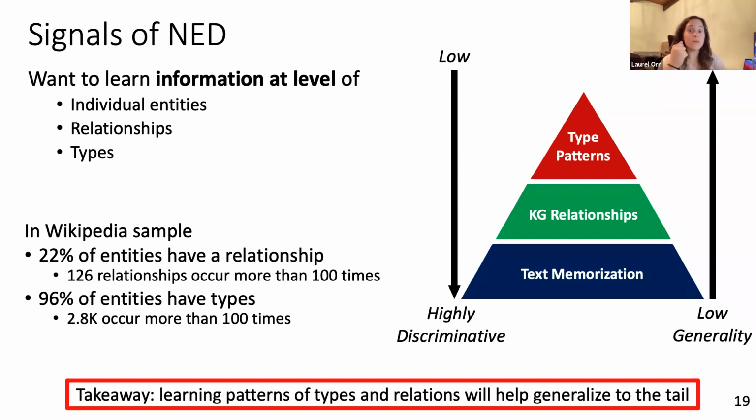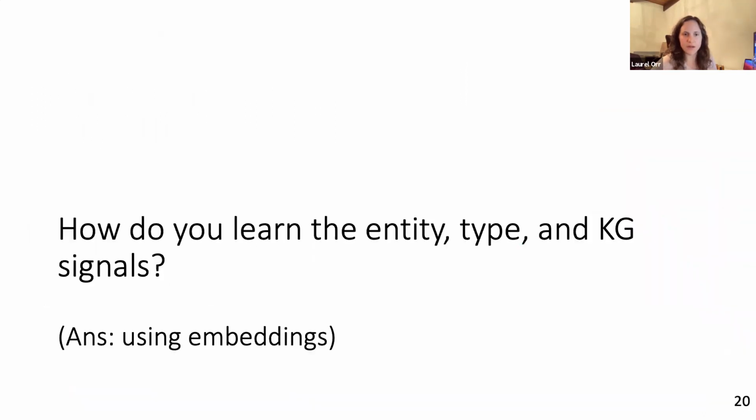Because naturally, you're right, a model is going to absolutely go straight for the memorization cues. And if you don't encourage it otherwise, it's not going to learn as much over the types and the KG relationships. There are also some interesting notions in terms of how you regularize models to encourage learning the more general patterns, which is something we mentioned a little bit in the paper, but not in this talk as much.